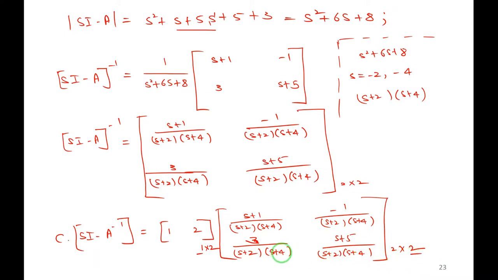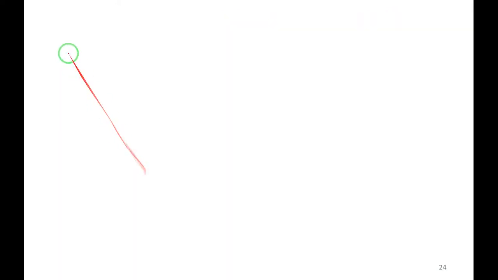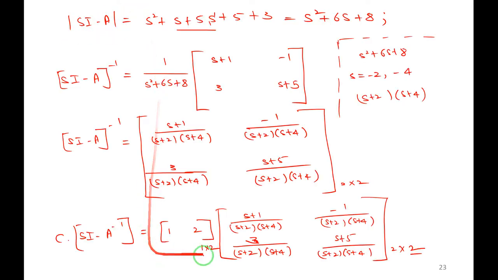Next I will be getting the same thing. Let me write it. C into (sI minus A) inverse. What is the final matrix I am getting? Only one row but two columns, right? So multiply the first row with the first column. First row, first column means 1 into s plus 1, this quantity, then plus 2 into this quantity, right?